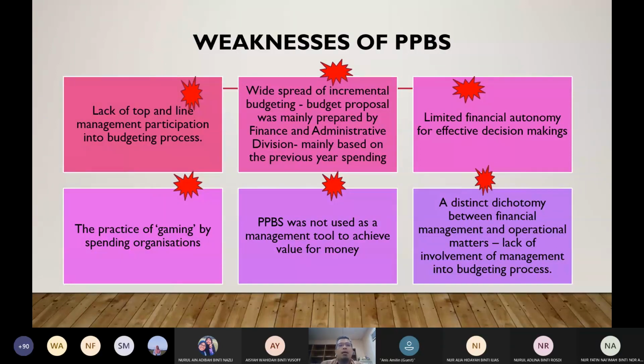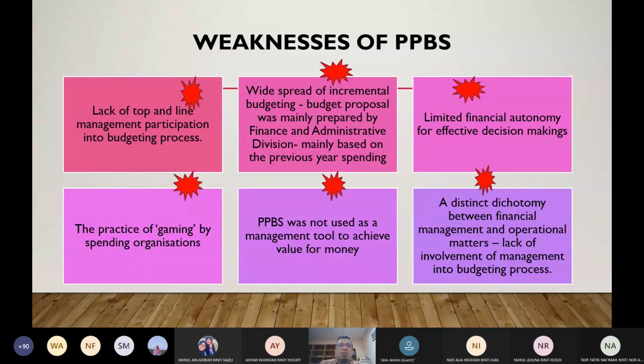But what happened in practice at that time? There was a lack of top and line management participation in the budgeting process. Basically, proposing the budget was handled mainly by the director of administration, because admin, management and finance were under one director.